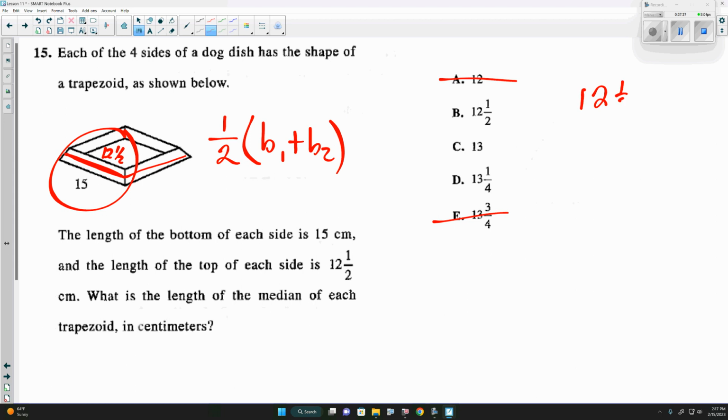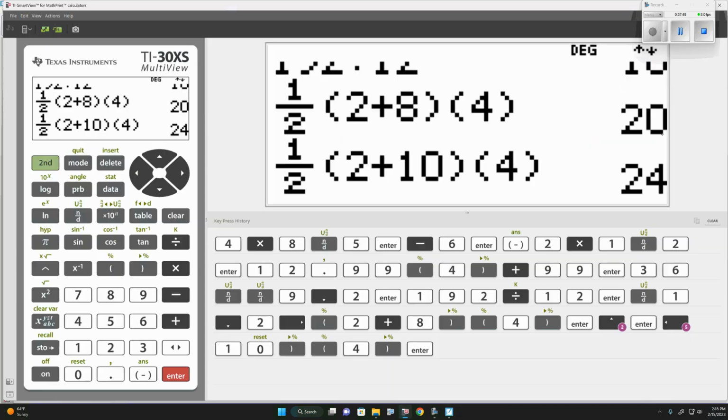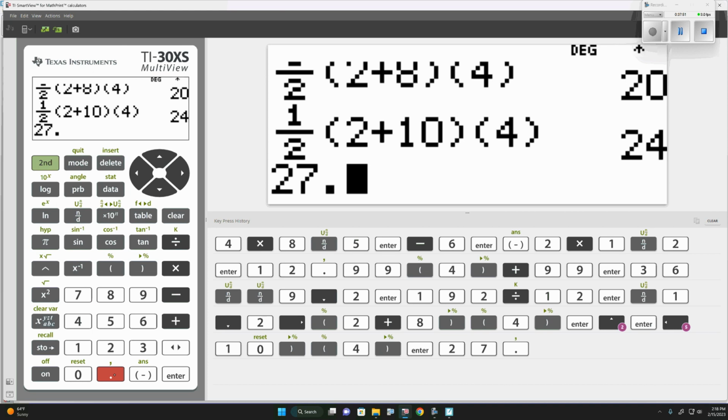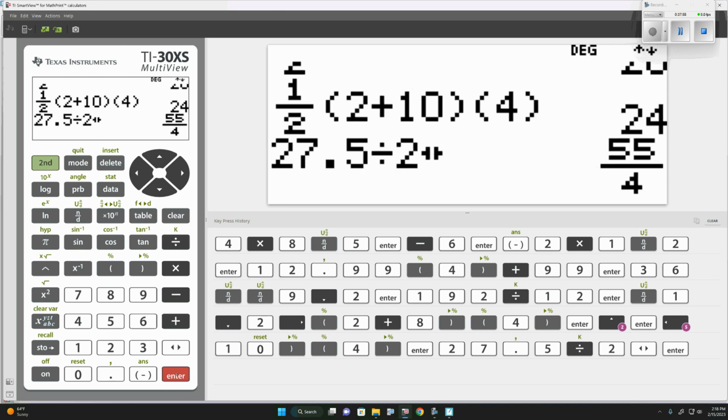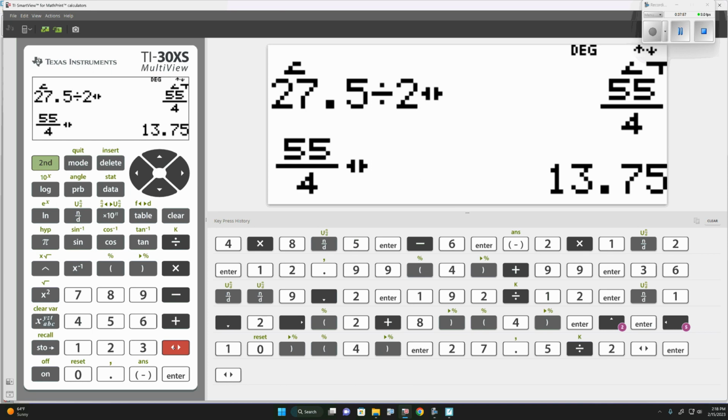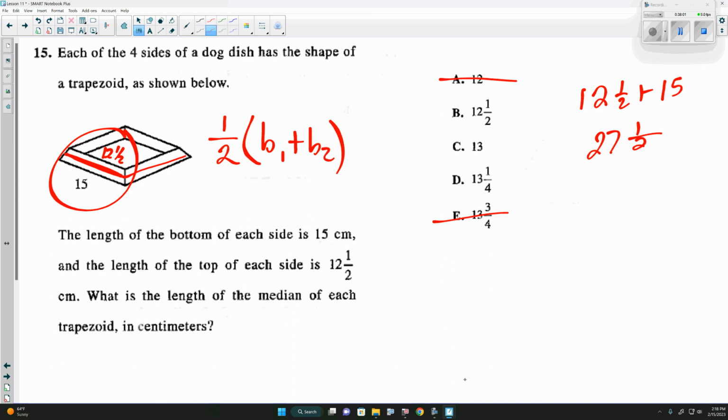If we add 12 and a half to 15, 12 plus 15 is? 27 and a half. Yeah, 13.75. Yeah, it is E.